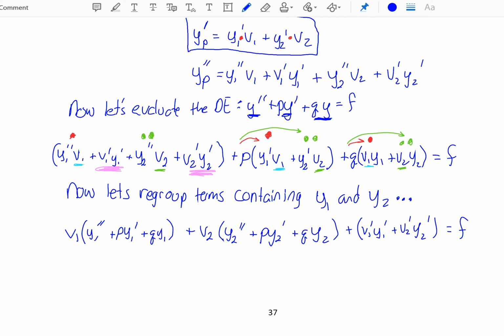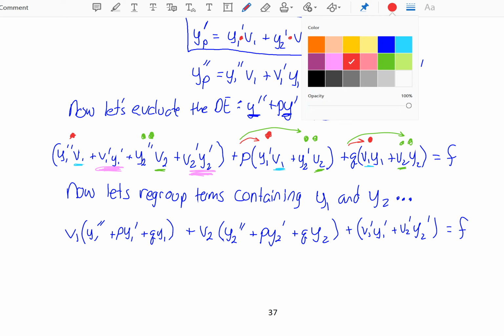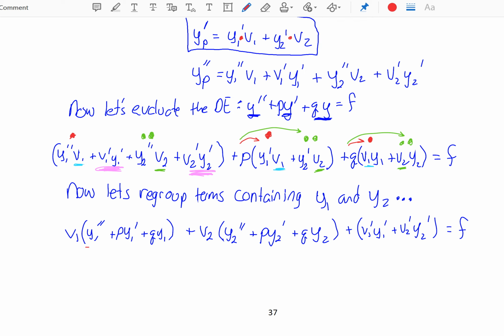Now, what you would like to notice here is that our first grouping is our differential equation that was given to us, evaluated at y1. But remember, y1 was a homogeneous solution. And if it's a homogeneous solution, it means that all of this will end up being 0.